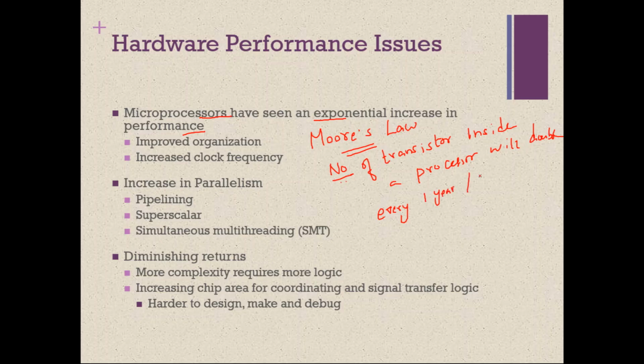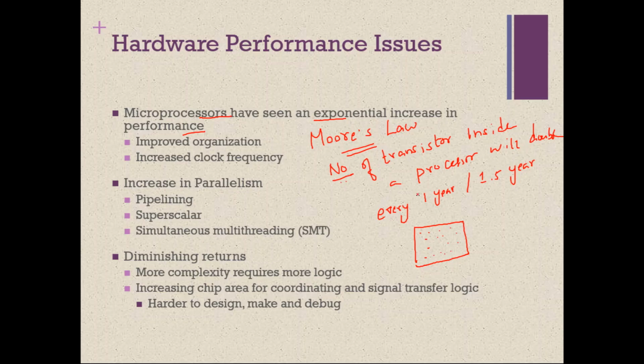Which means what? The processor size is not going to change. The processor size will be the same, but the number of transistors packed inside will double, which means that technology will grow at that rate.